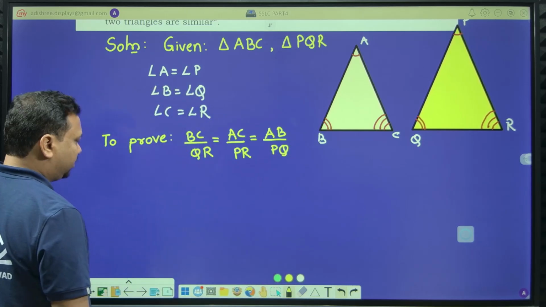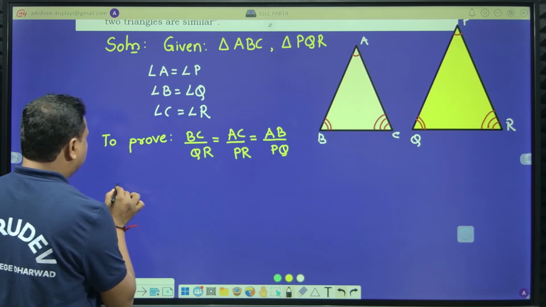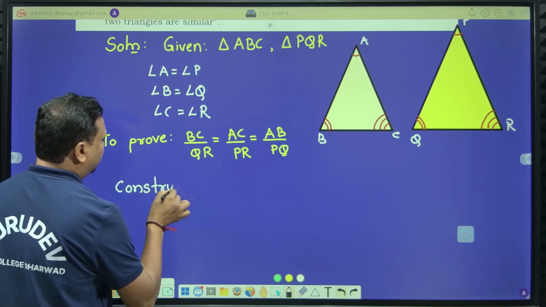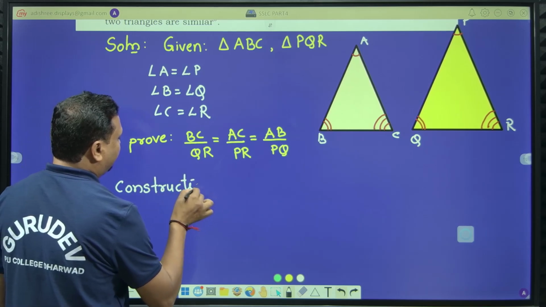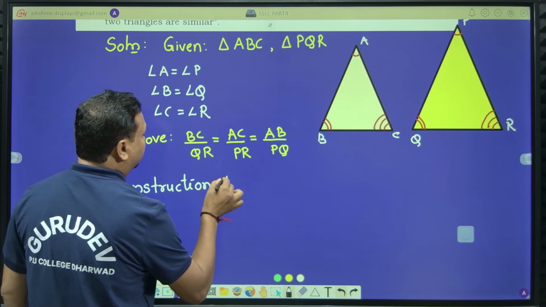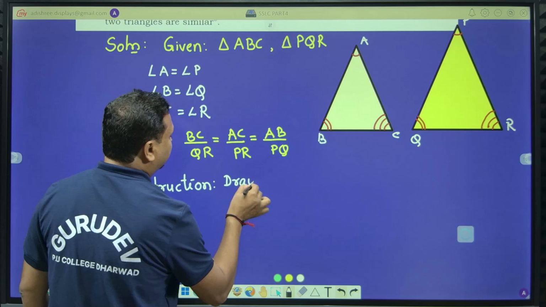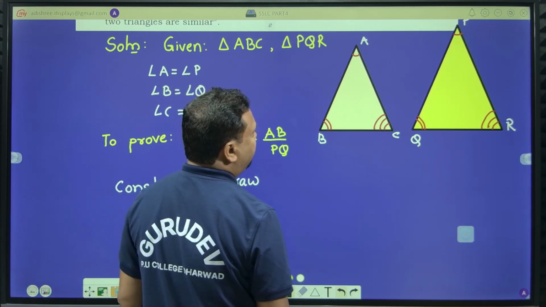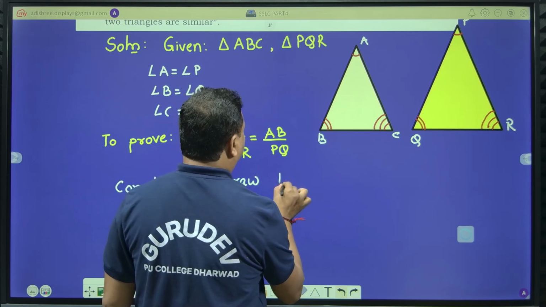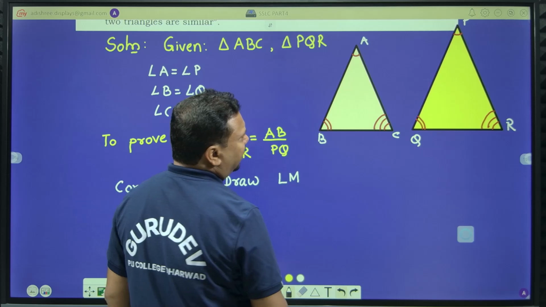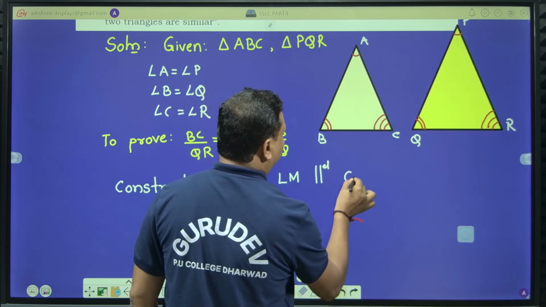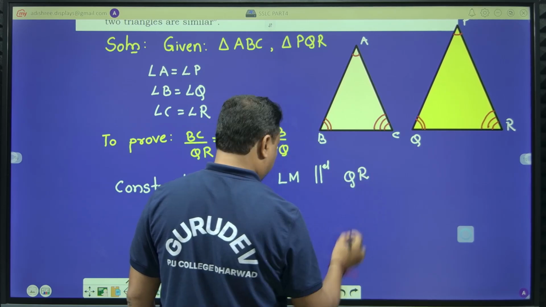Clear? So, to prove this, I am just taking a small construction. Draw LM parallel to QR. Okay.